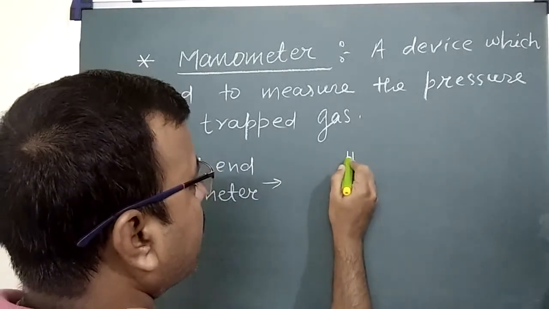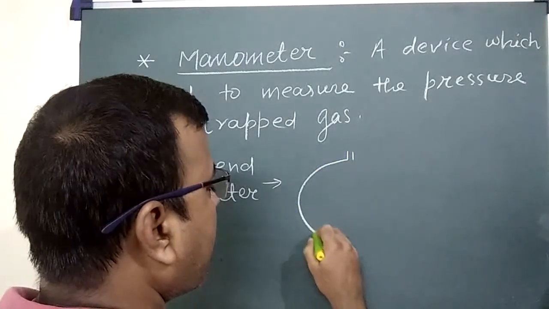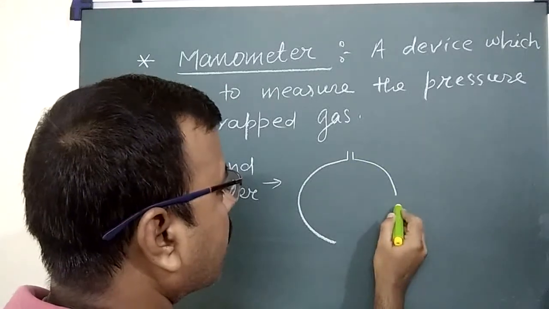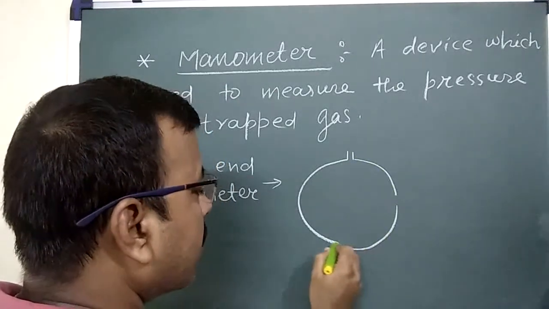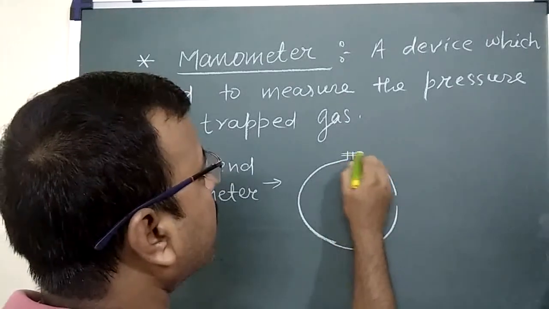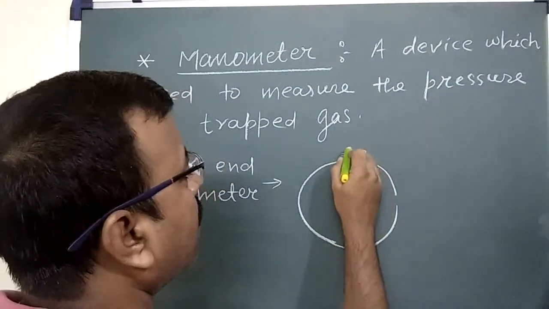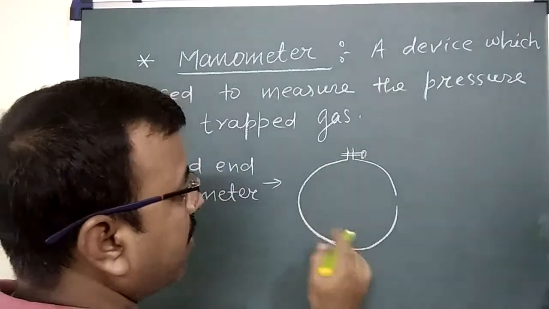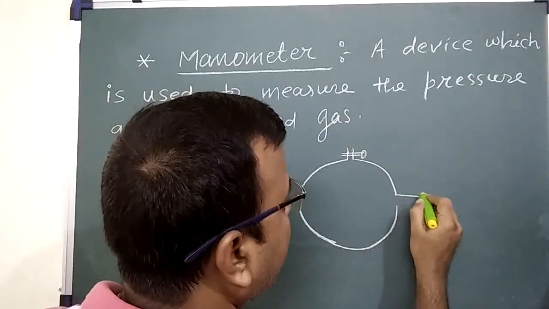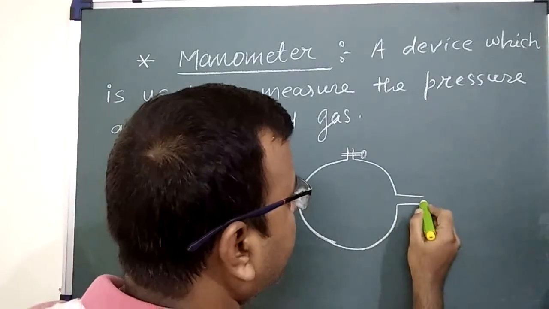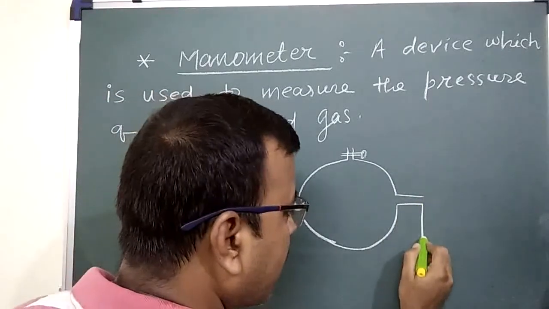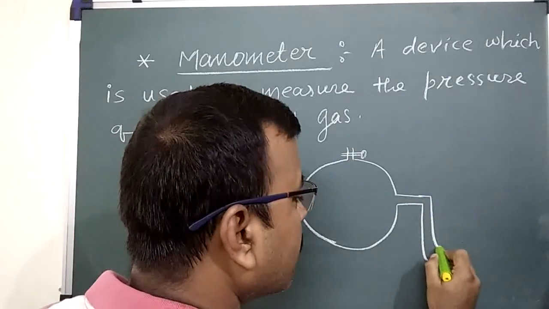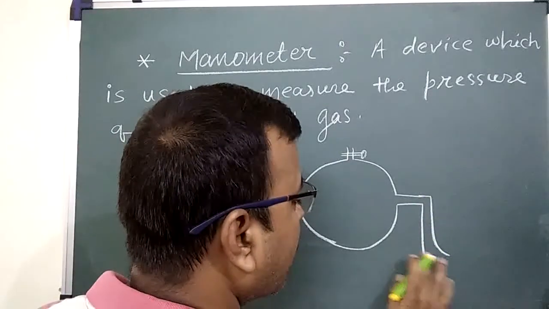Here you see, this is the gas chamber. And this is the knob, with the help of that we allow the gas to enter in this chamber. And here a U tube is there, that is graduated.